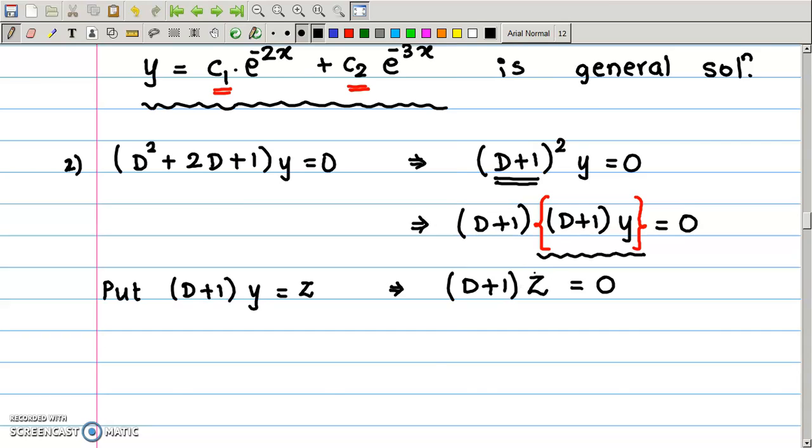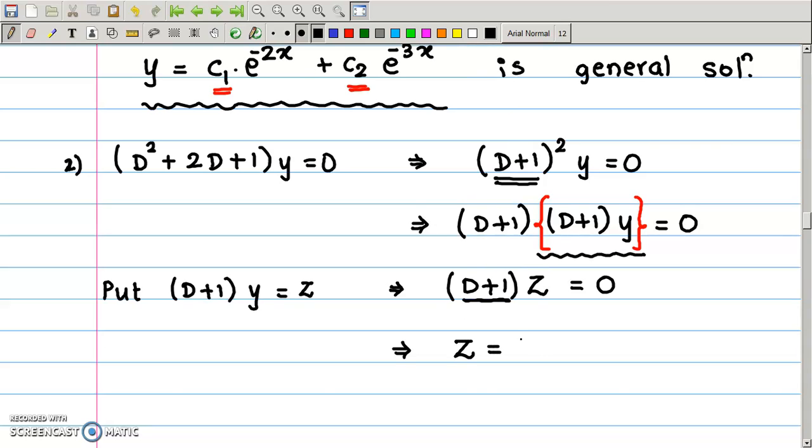Since z is a function of y and y is a function of x, we can consider this a linear differential equation of order 1. Therefore the value for p is 1 and q is equal to 0. Again we can generalize, or we can take the help of the previous example. The root of this auxiliary equation is minus 1.